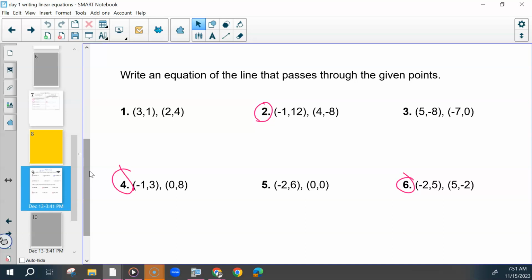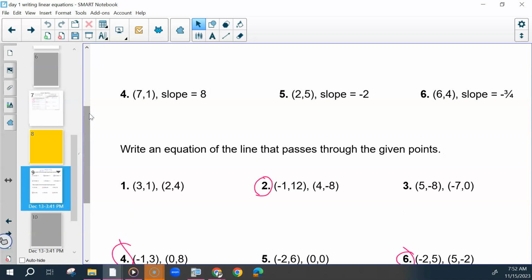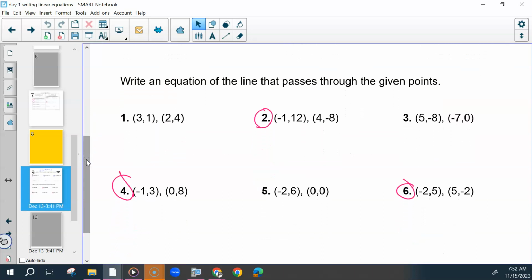The difference is previously we were given a point and the slope. Now we're not given the slope and we're given 2 points. And because of that, we now have to find the slope and then do everything we were doing yesterday. So it's an added step. So to find our slope, we're going to use our slope formula, y2 minus y1 over x2 minus x1. What page is that? They're not numbered.